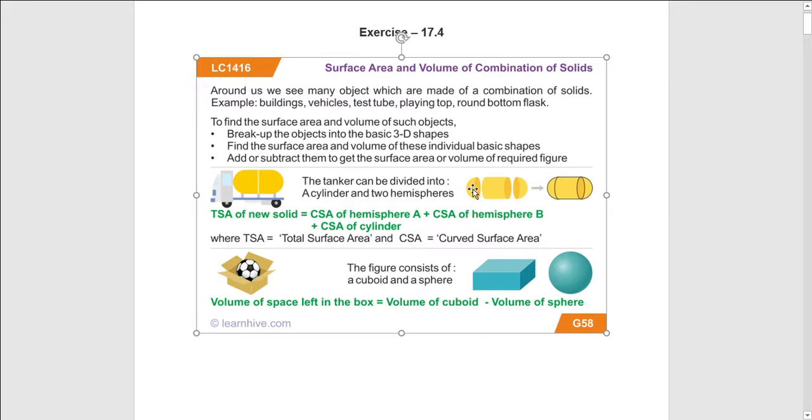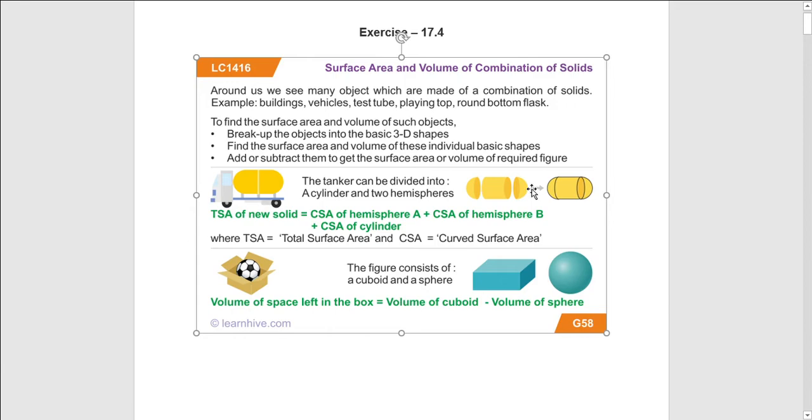Followed me? For example, look at this figure. This tanker is given. If you divide this figure, you will come to know it is made up of one cylinder and two hemispheres.